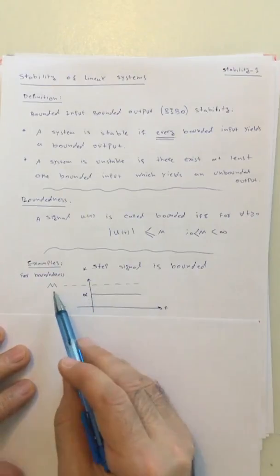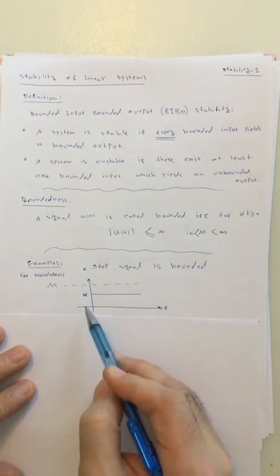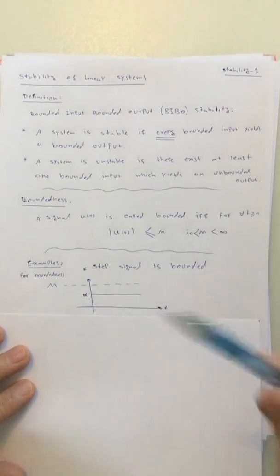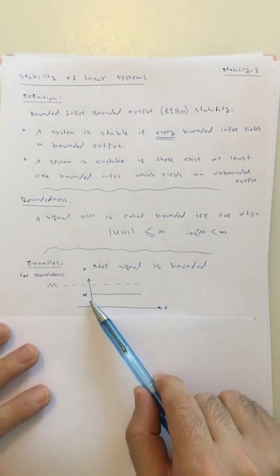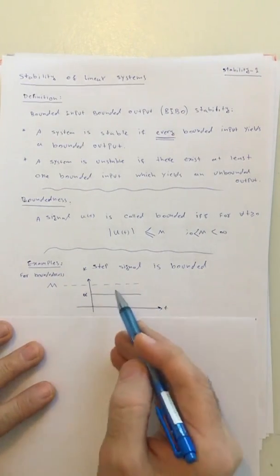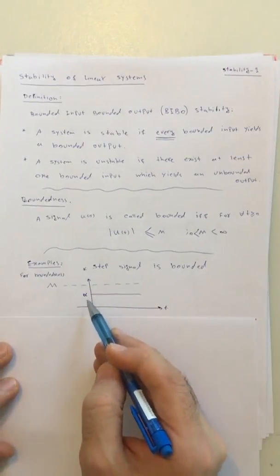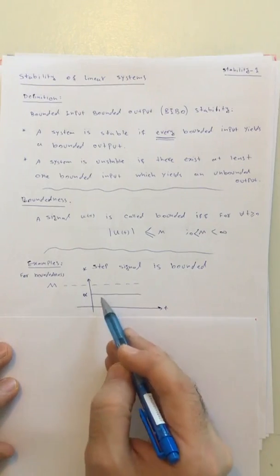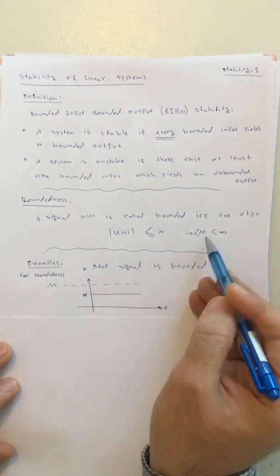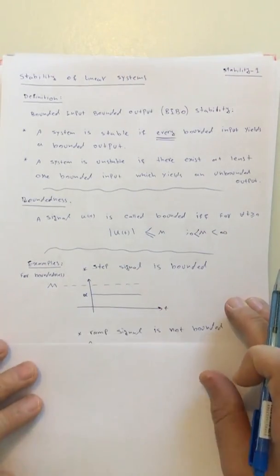And as you could see, it's easy to find a limited number such that this signal is always below that limit. For example, you can say M is 2 alpha, or even alpha itself, because even if you select alpha, then the signal is always less than or equal to M, when M is limited. So this step signal is a bounded signal.